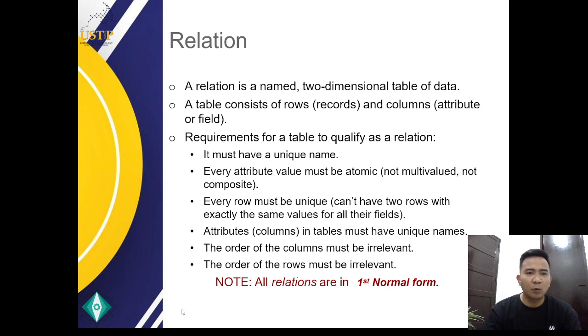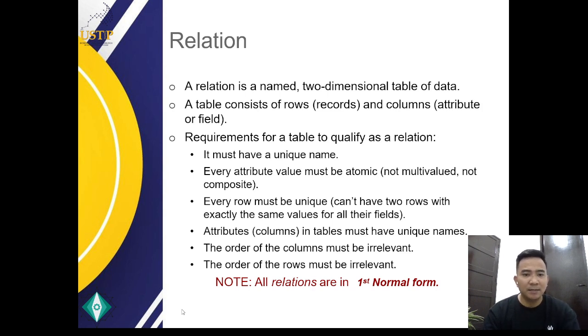The requirements for a table to qualify as a relation: it must have a unique name. Each relation should have a distinct name to identify it. It must also have atomic attribute values, so the values in each column must be indivisible and cannot contain multiple values or composite values.